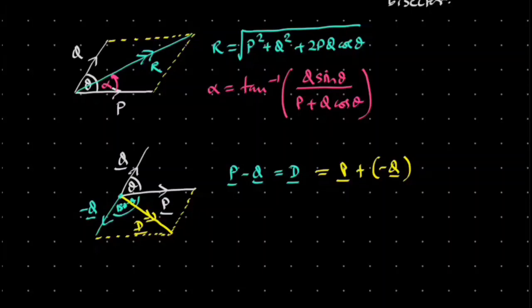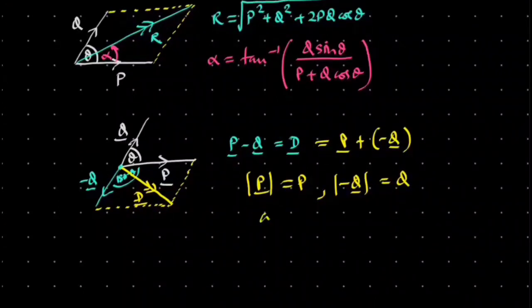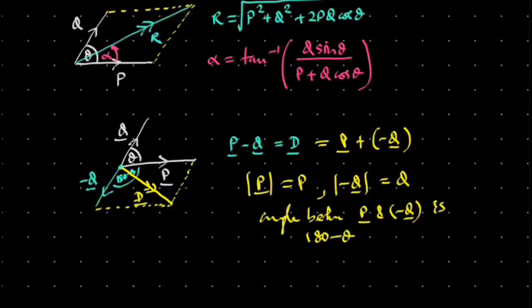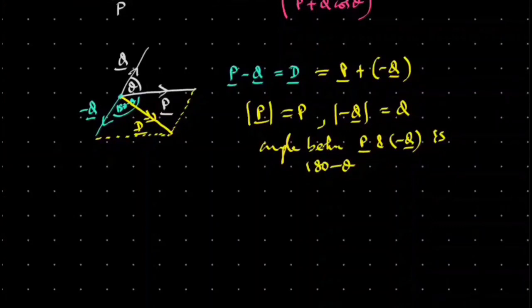The magnitude of P is P, the magnitude of minus Q is Q, and the angle between vector P and vector minus Q is 180 minus theta. Since we know this, I can plug it in the formula.